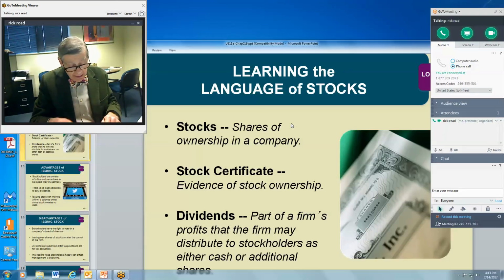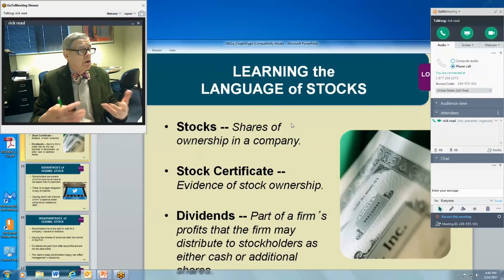Now, I'll give you an example. My wife and I own Coca-Cola stock, and we do have certificates. But for any stock that we have bought after, I want to say, 2005, although it might be a little bit before that, we get a notification that we have X number of shares, but we do not get a certificate.